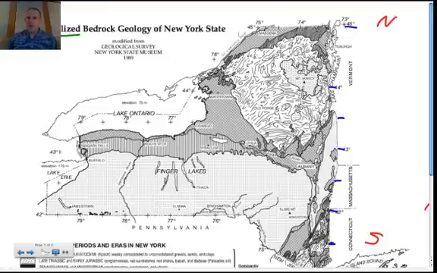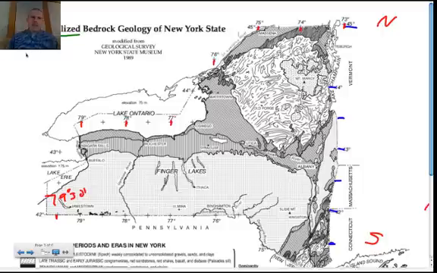We also have longitude lines: 73, 74, 75, 76, 77, 78, 79, and here's 79 degrees and 30 minutes, so almost to 80 degrees.